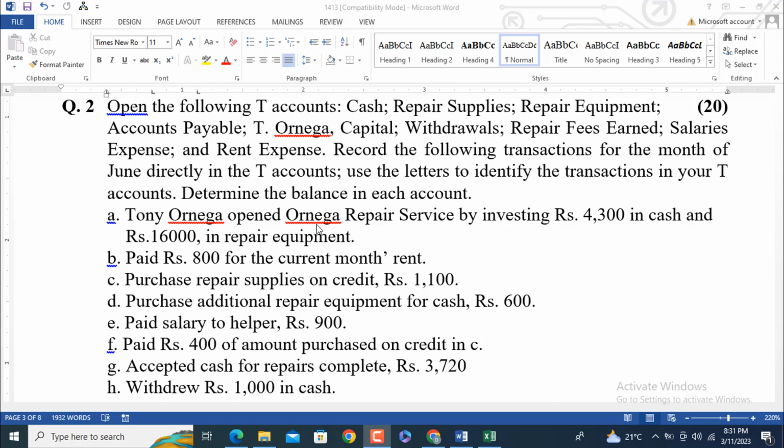Tony Ornega opened Ornega Repair Services by investing rupees 4,300 in cash and rupees 16,000 in repair equipment. That is the transaction. Mr. Ornega has opened a repair services company or shop, or something else, you can assign him a name.